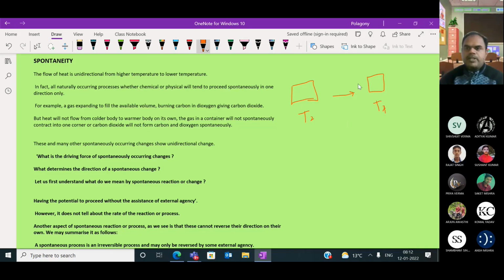Now this is the hotter body, this is the cold body, and both are connected. So what happens is the heat from the hot body, the higher temperature, goes to the lower temperature, there is a transmission of heat. So this is the unidirectional transmission of the heat energy from higher temperature to lower temperature.